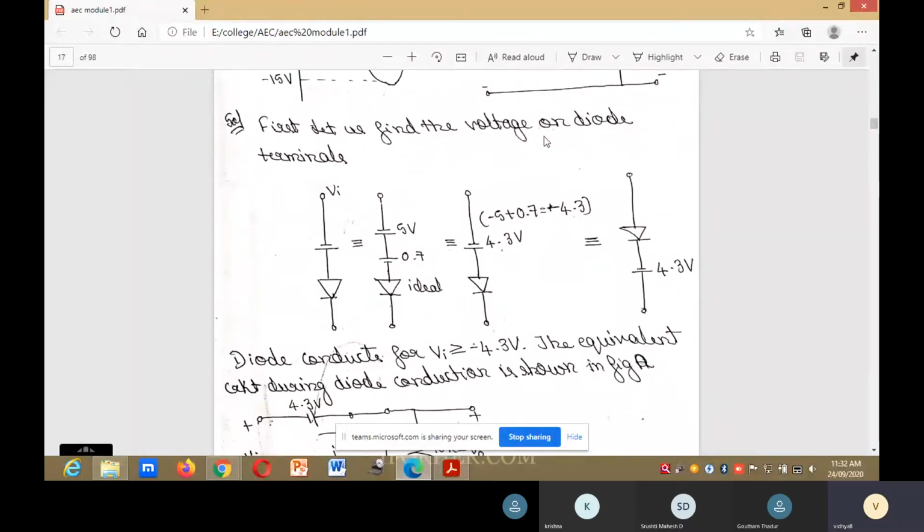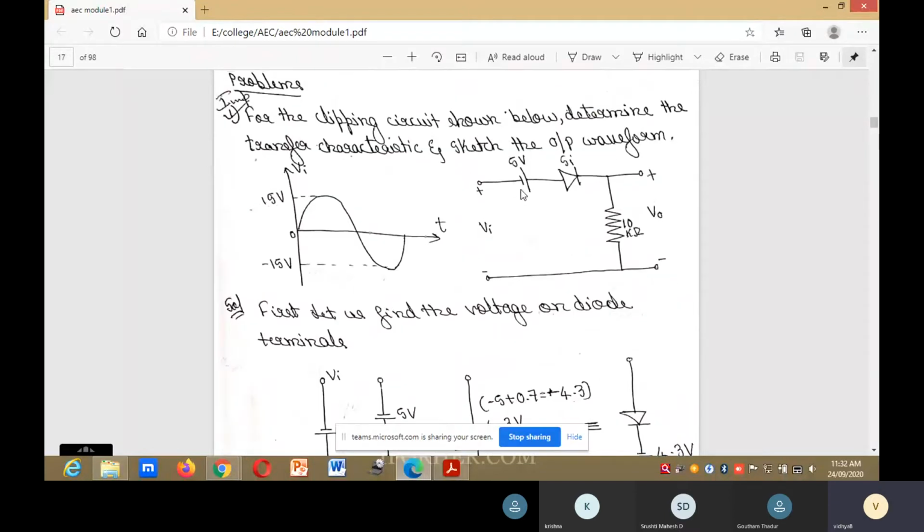First let us find the voltage on the diode terminals. They have given -5.